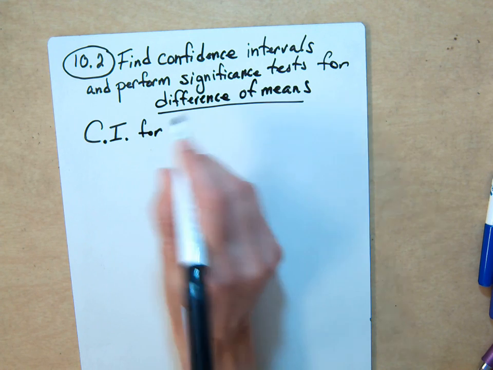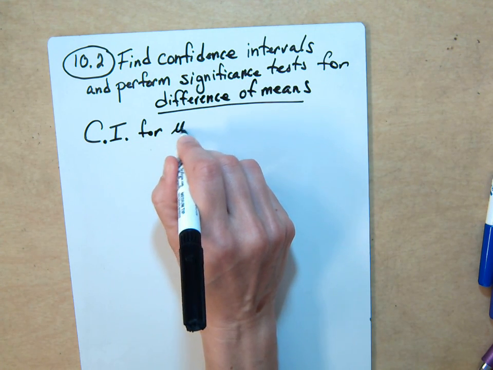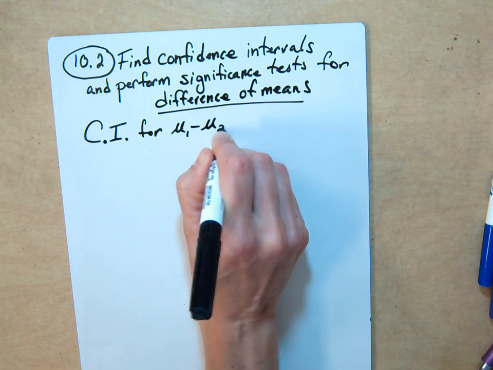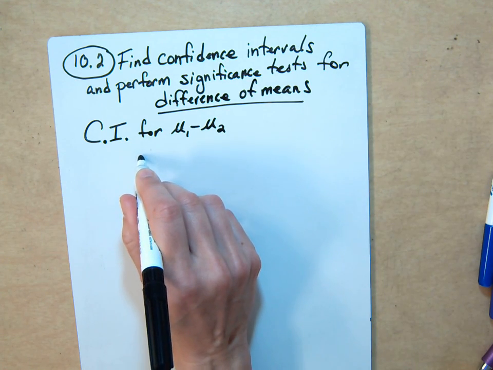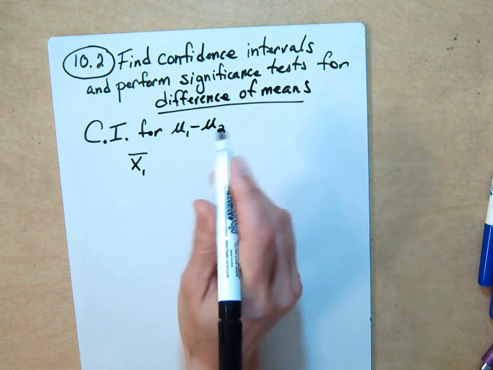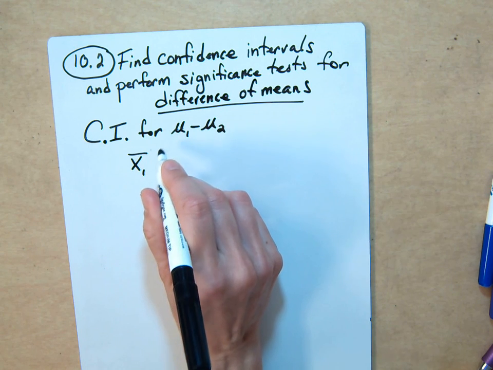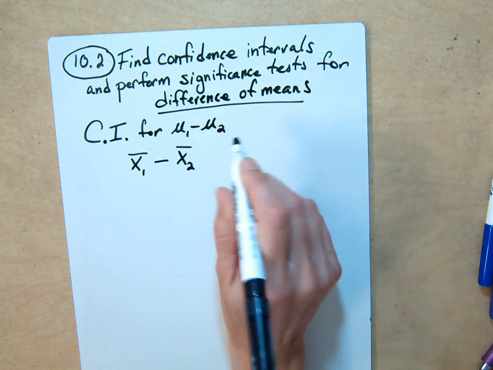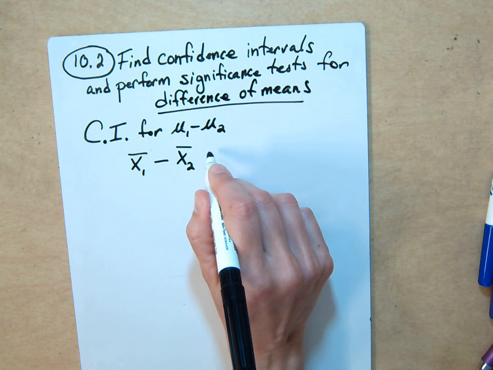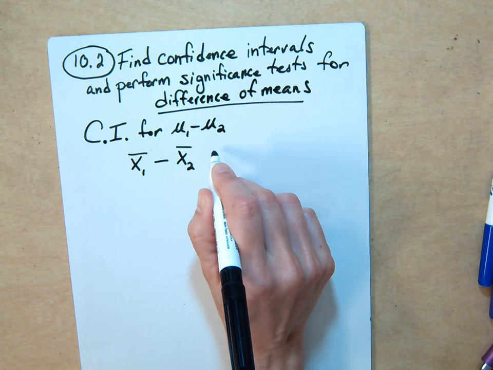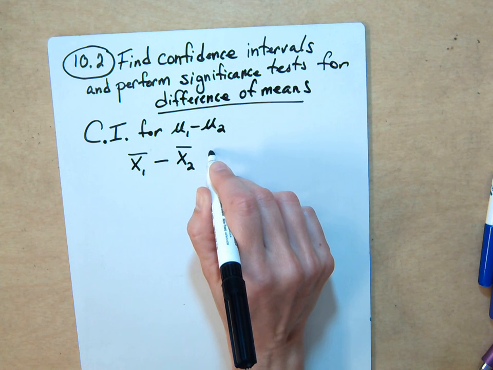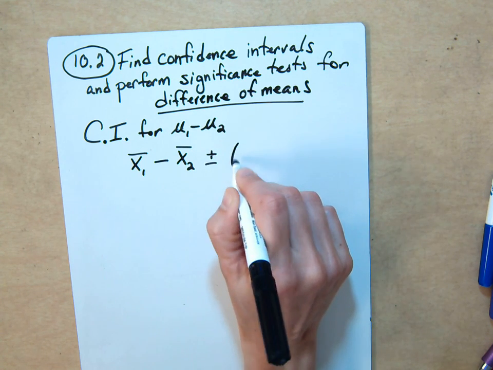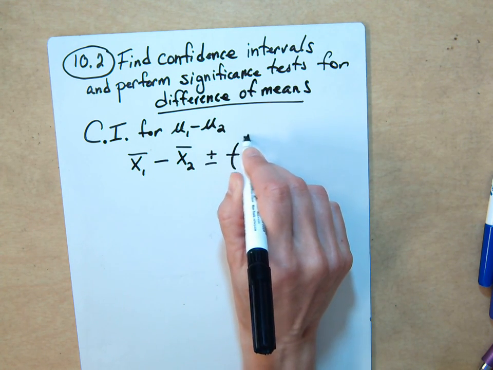for difference of means, mu sub 1 minus mu sub 2, you would use x sub 1 bar, the mean of x sub 1 minus x sub 2. So the difference of the samples plus or minus t star.